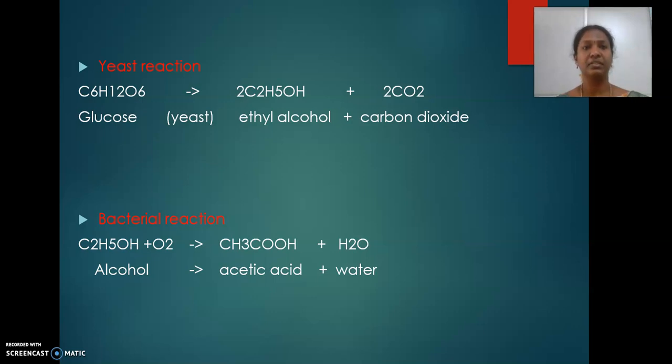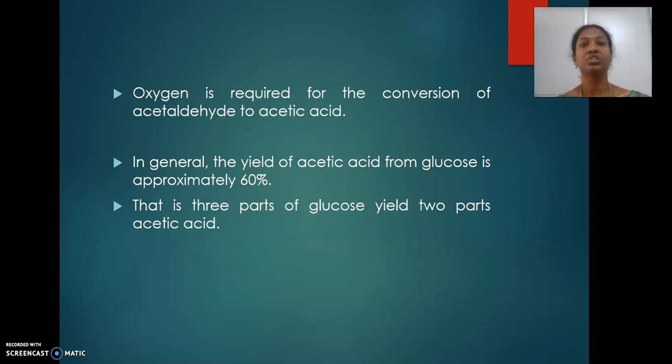We can see the equation. In the yeast reaction, glucose reacts with yeast and forms ethyl alcohol and carbon dioxide. Next comes the bacterial reaction, where the alcohol is converted into acetic acid and water. Oxygen is also required for the conversion of acetaldehyde to acetic acid.